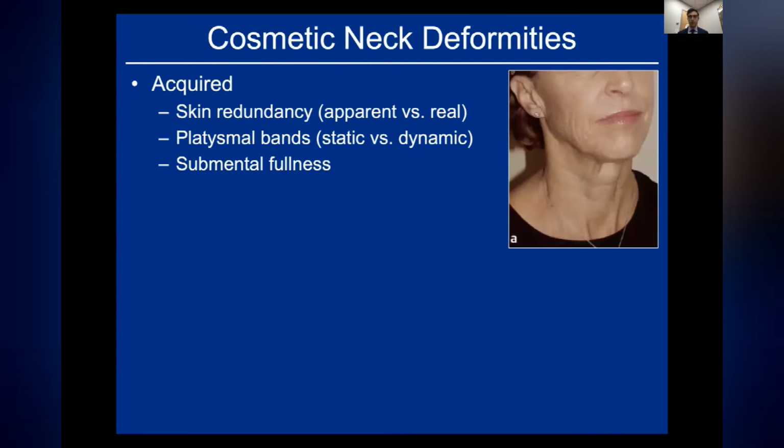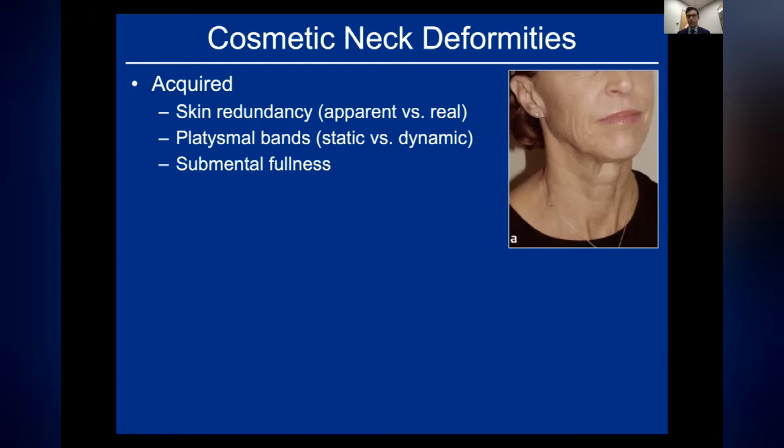And deformities of the neck can be thought of in 2 general categories. The first one being acquired, which is, of course, the most common due to the aging process. In terms of the acquired etiologies, we generally appreciate 3 different presentations. The first is the development of skin redundancy, which can be either apparent or real.